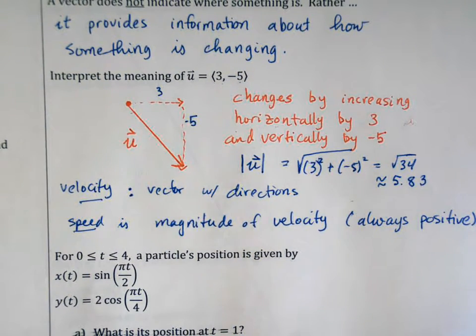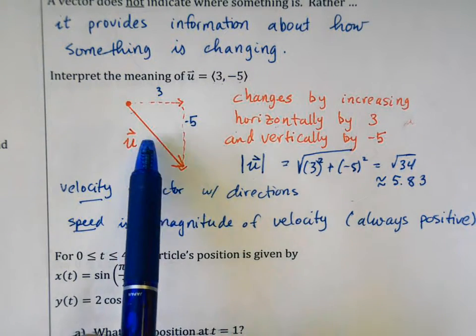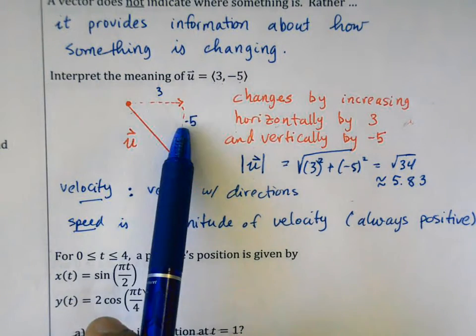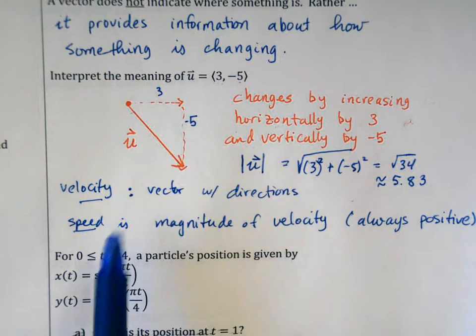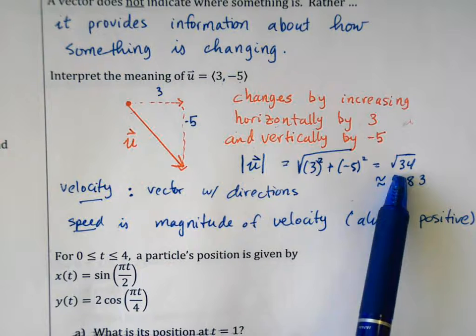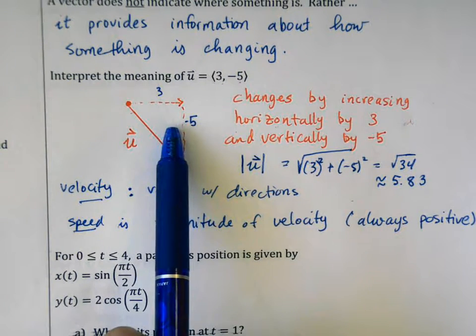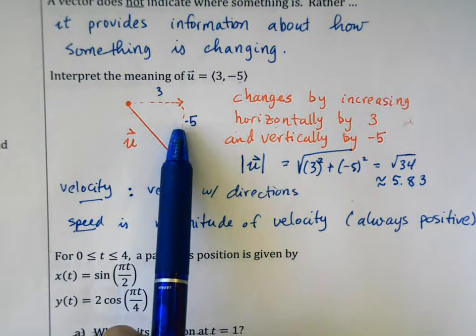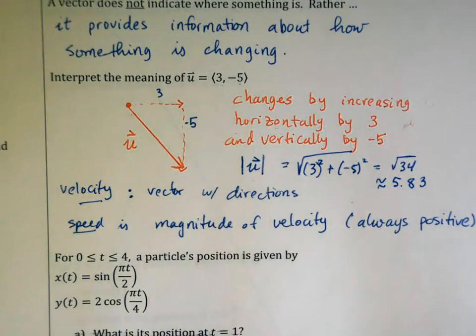It's moving in a certain way, 3 in some direction, 5 in some other direction. And so using this example, the vector would be ⟨3, -5⟩ for the velocity, and the speed would be √34. In other words, this is how fast it's moving. This vector describes not just how fast it's moving, but how fast it's moving in each direction.